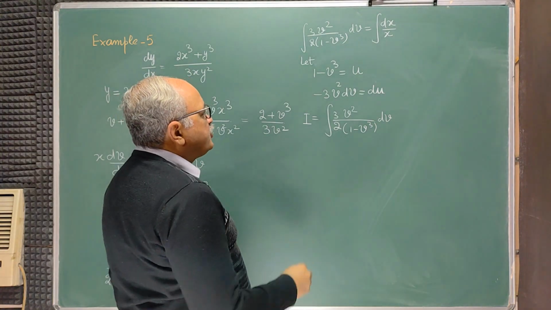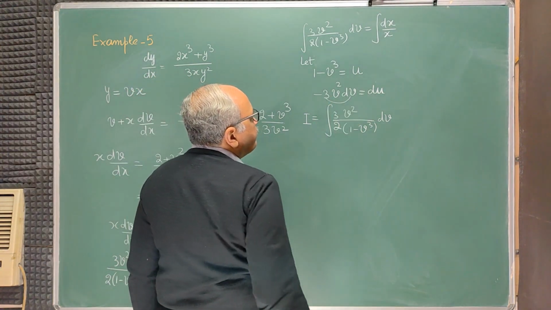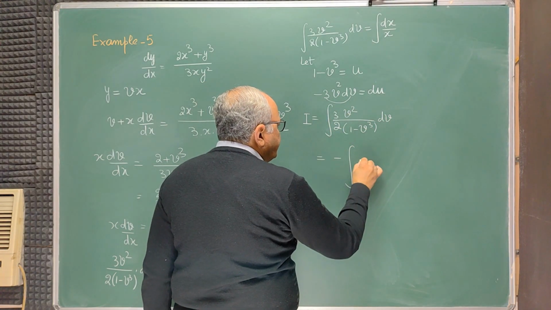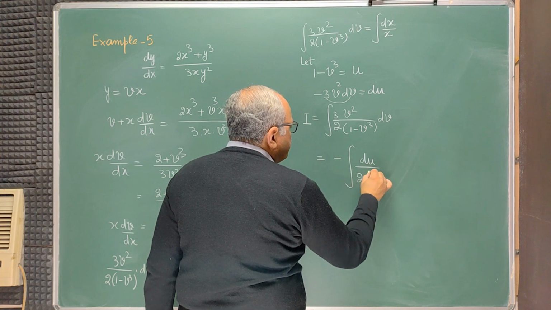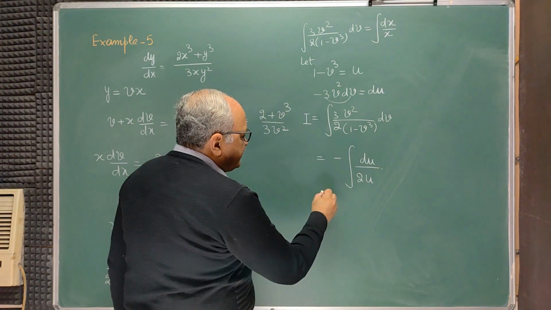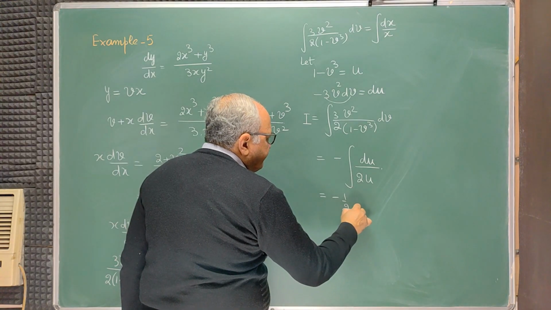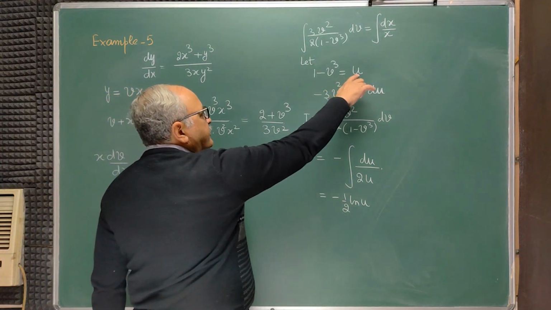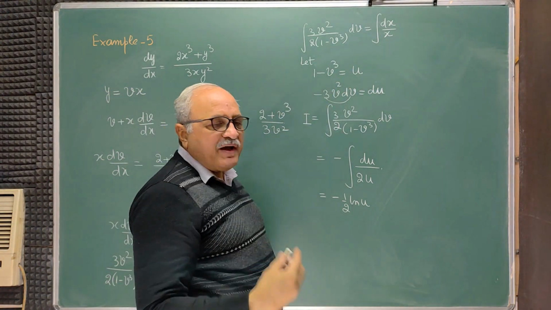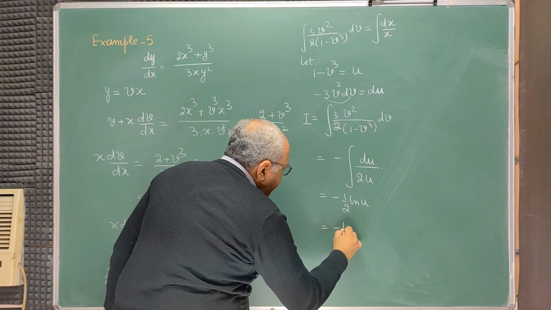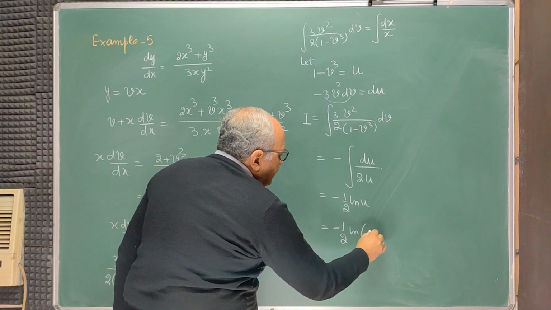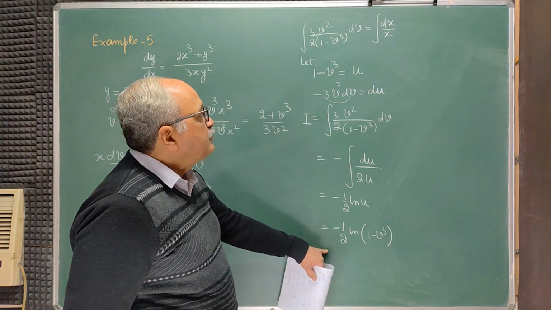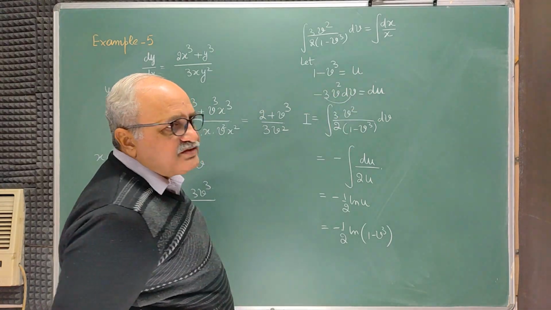Now from here you can notice that 3 v square dv can be replaced by minus du, and this is 2u, and obviously this gives me minus half log of u. But since I have done the replacement here, I have to replace it by v first of all, so we write this as minus half log 1 minus v cube. So the integration of the left hand side will have this solution, and on the right hand side this gives me log.